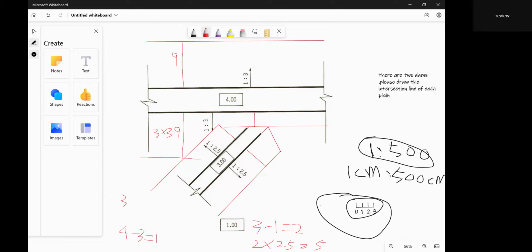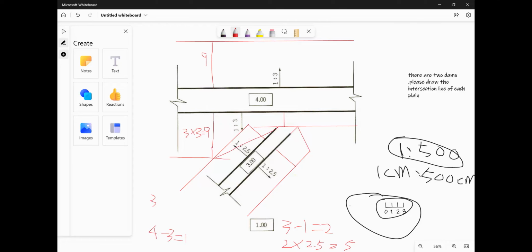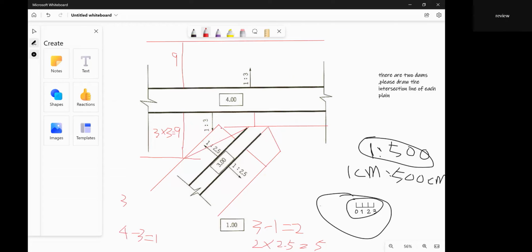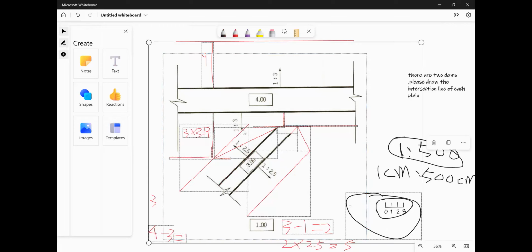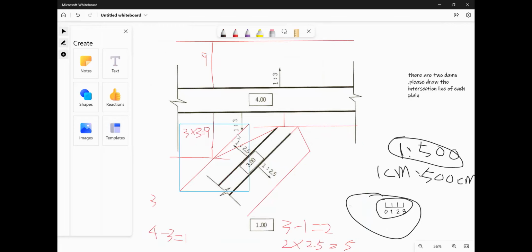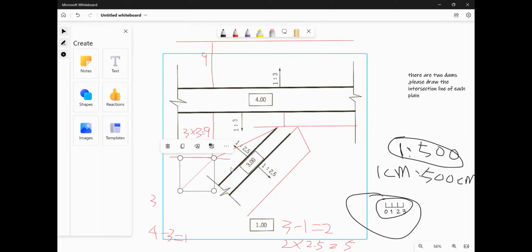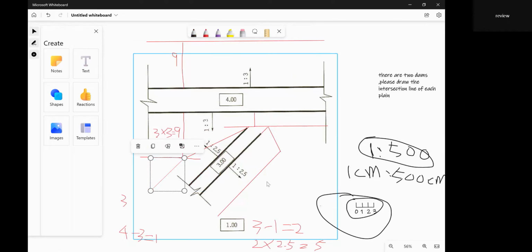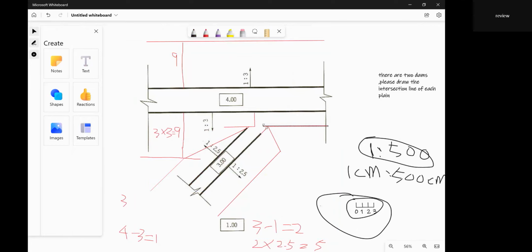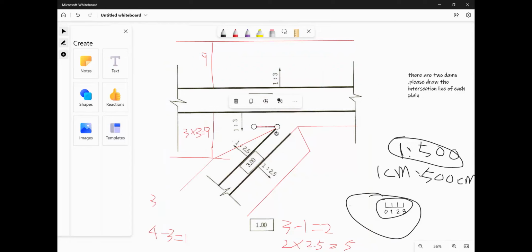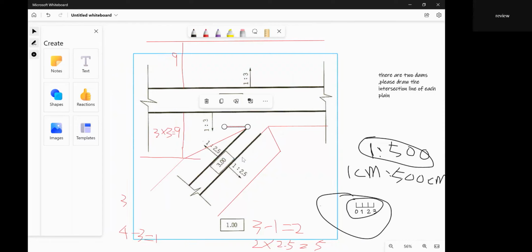Okay, connect, connect. Okay, so now you can see the cross section. Delete it.